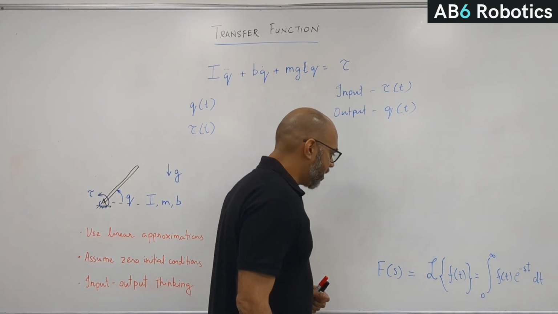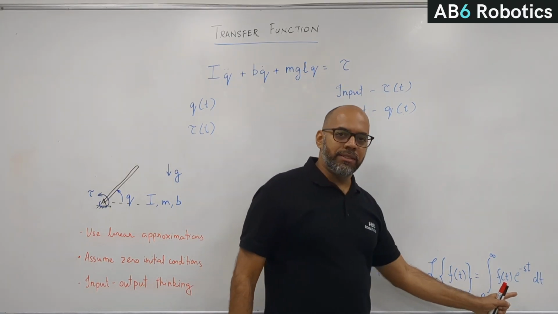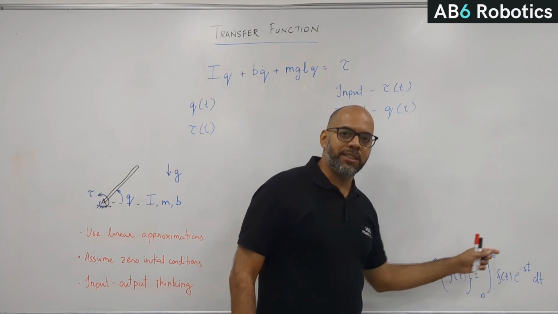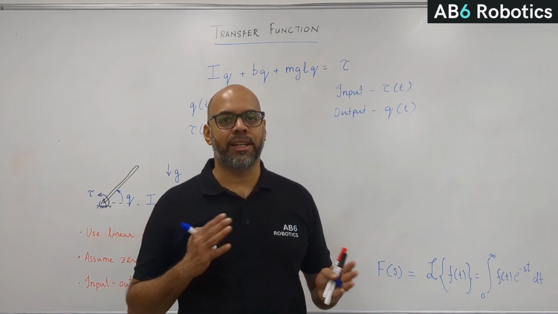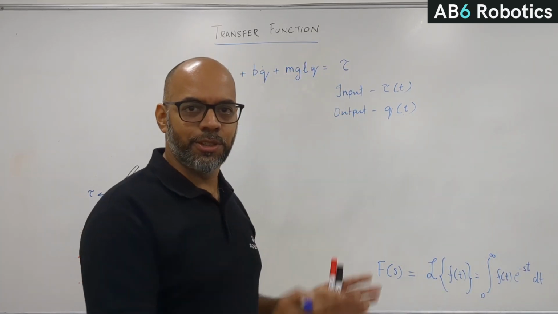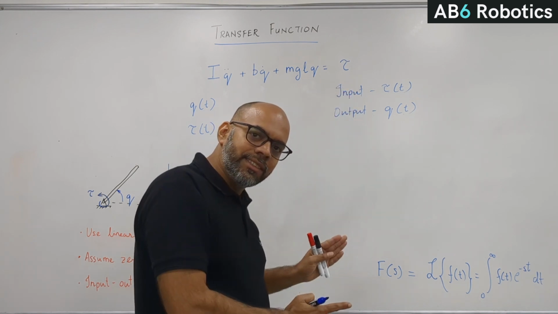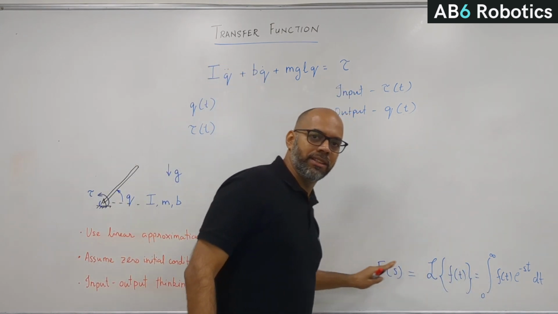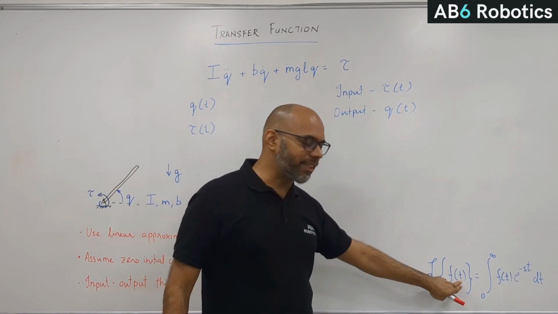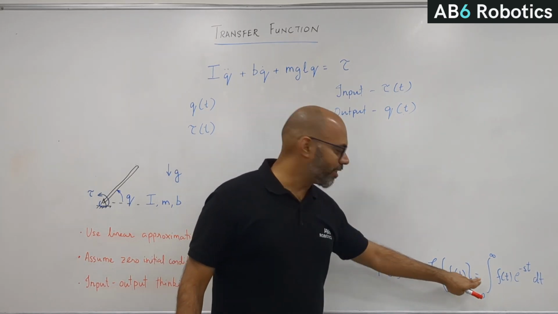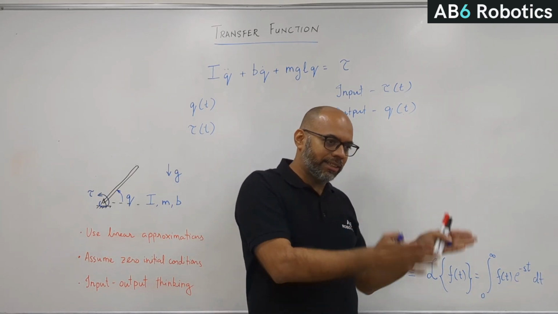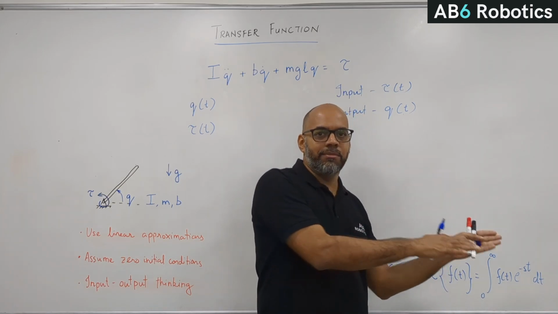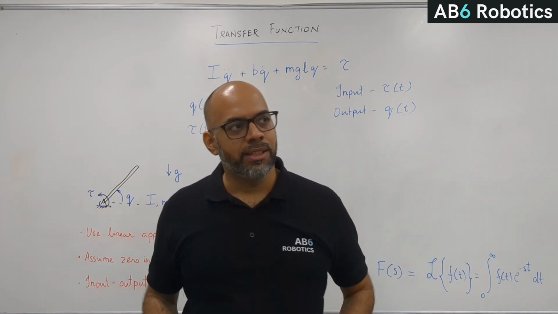People get lost in the math, but I tell people it's like just translating. You take a story, you can write it in English, or you can translate it and write it in Hindi. That's all this is. It's like t is English, s is Hindi. So you're just translating, representing that function first in time, then in another variable.